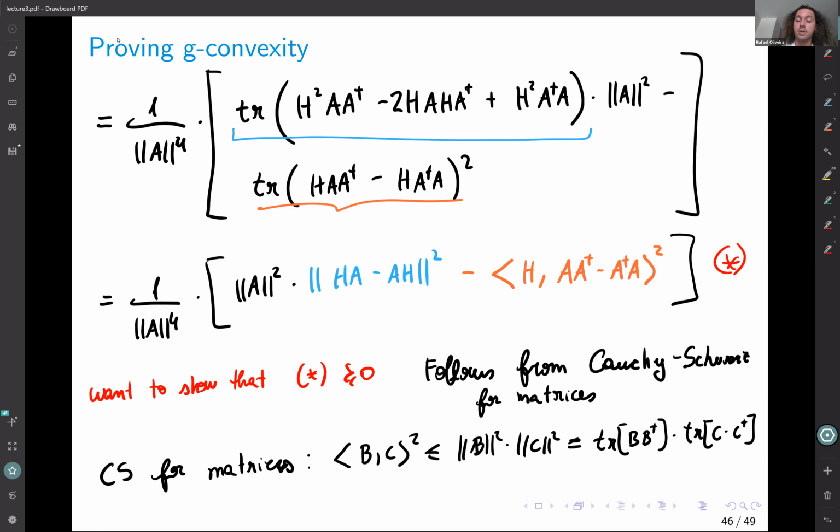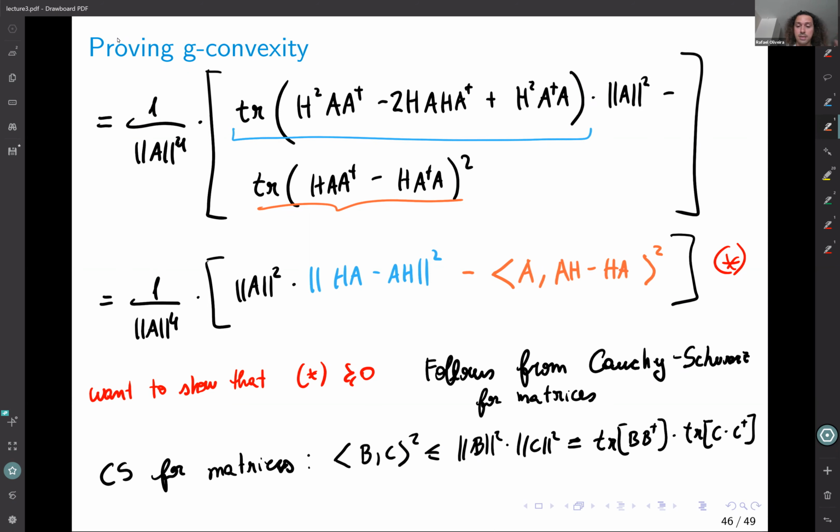Actually, instead of splitting it this way, what I want to do is that the orange is going to be A, and then we have AH minus HA, because we want to use Cauchy-Schwarz. So AH minus HA, okay?